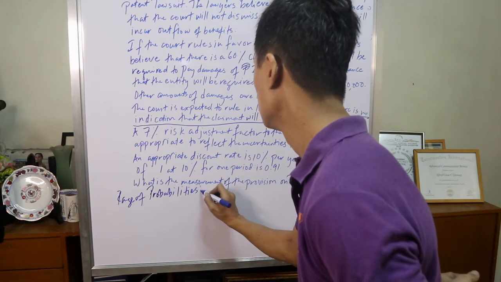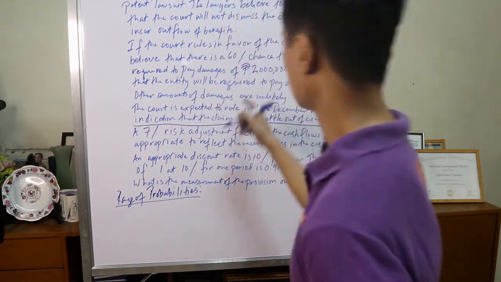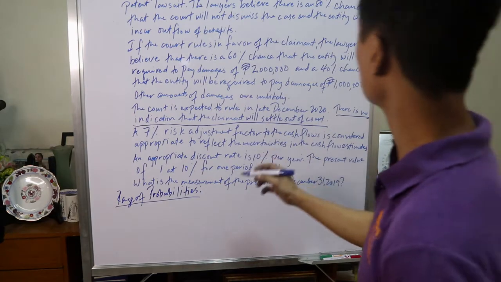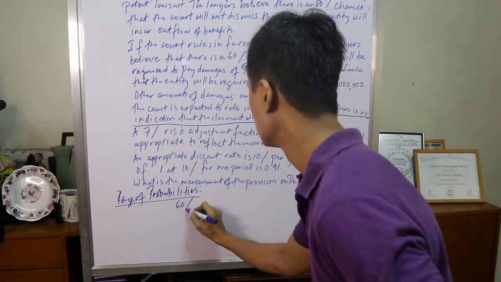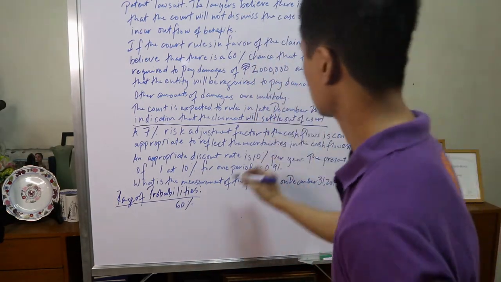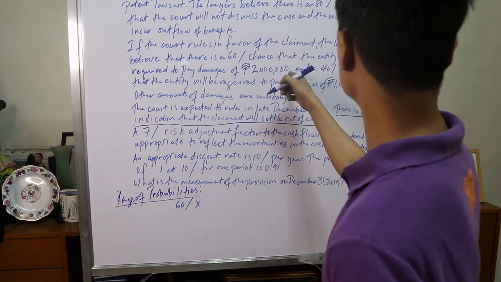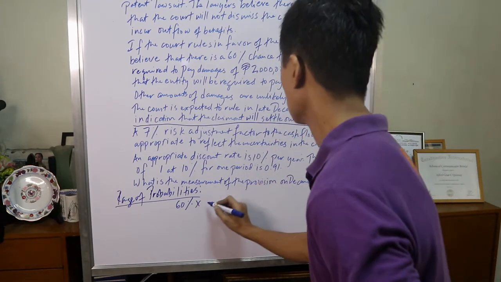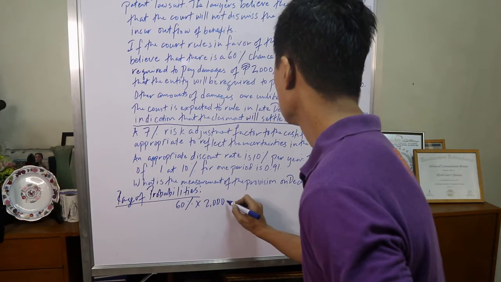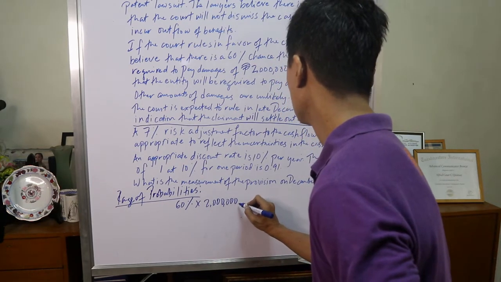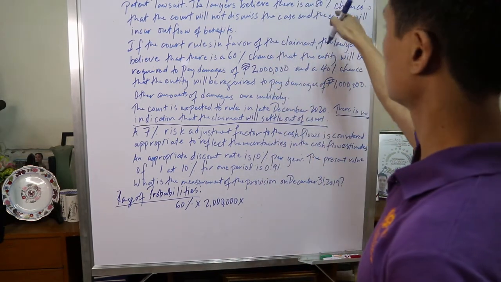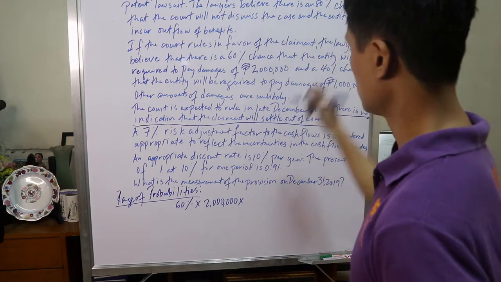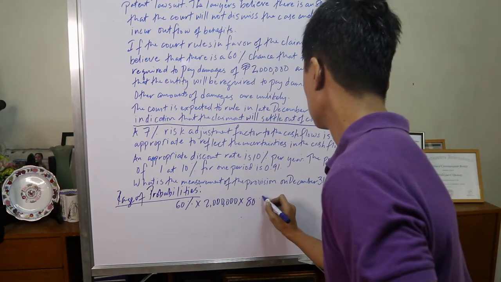Okay. So yung una is, okay, that's 60% times 2 million. Okay? And then yung well, the probability is 80%, no?